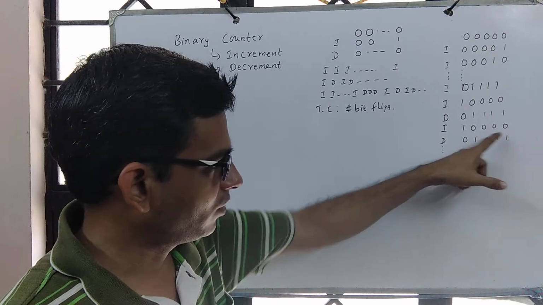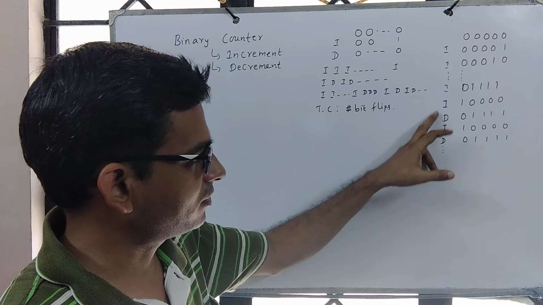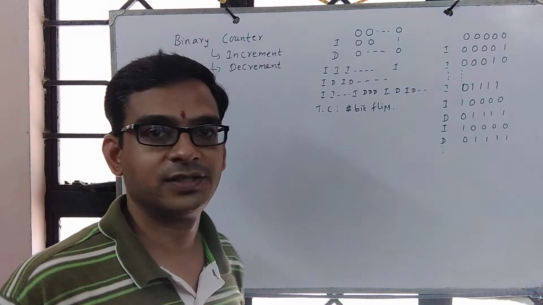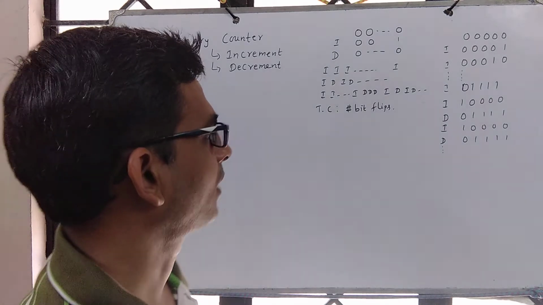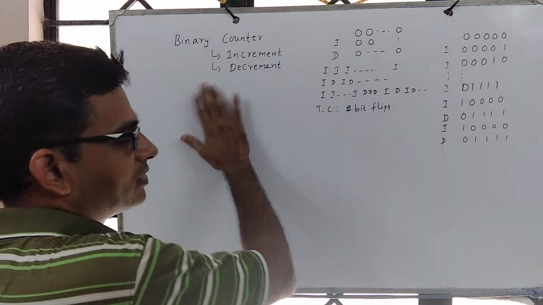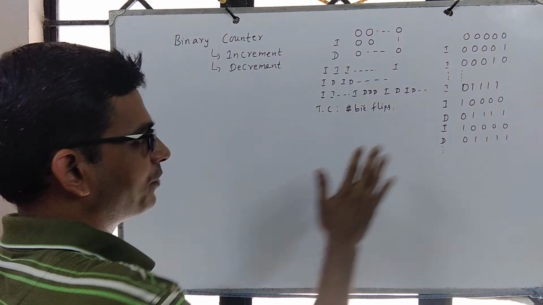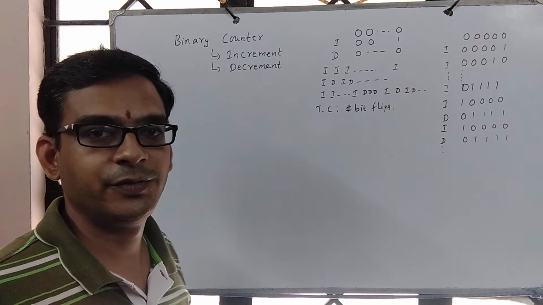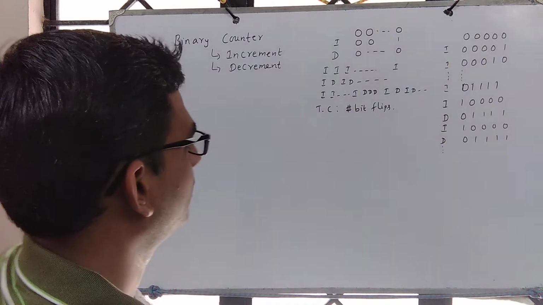On decrement, again all these bits are flipped. So the cost of each of these is a function of k, where k is the size of the counter. And this cannot be ruled out, because when we do amortized analysis, we say an arbitrary sequence, which means a sequence like this should be taken into account when we do the analysis.